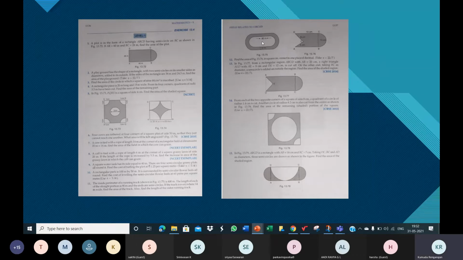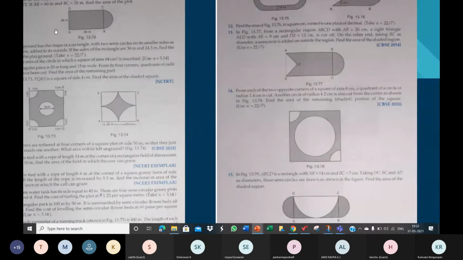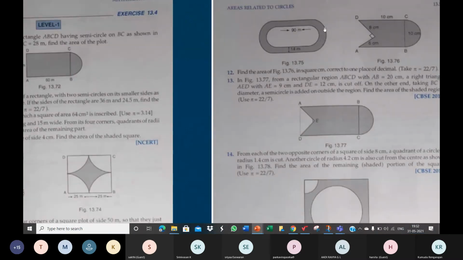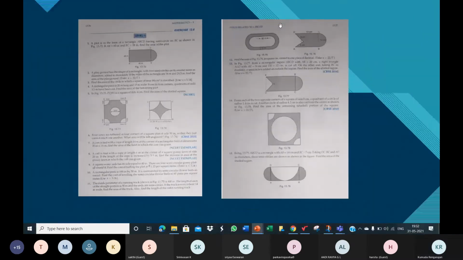Yeah, children, do this one. The figure is here. I'll show you the question. It's below here. This is the figure, children. You know how a racetrack looks like. So this is the figure.